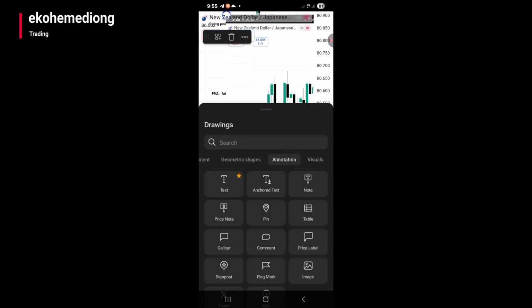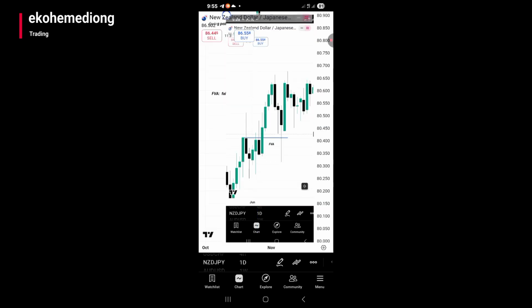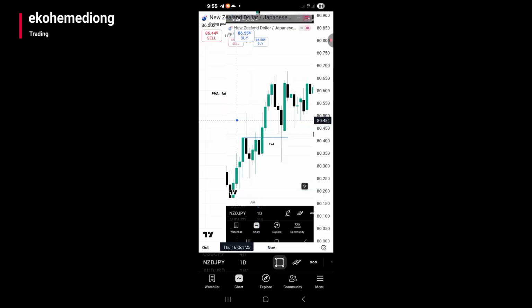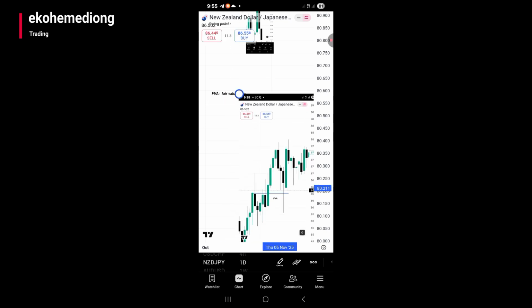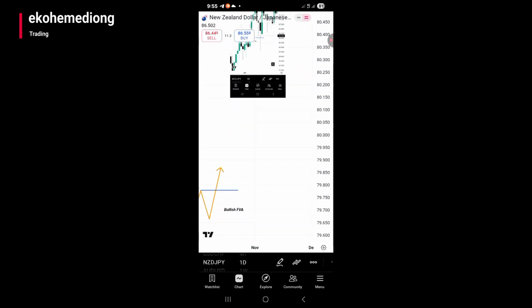So we have this little fair value gap right here. If there's no fair value gap, there is no fair value area.